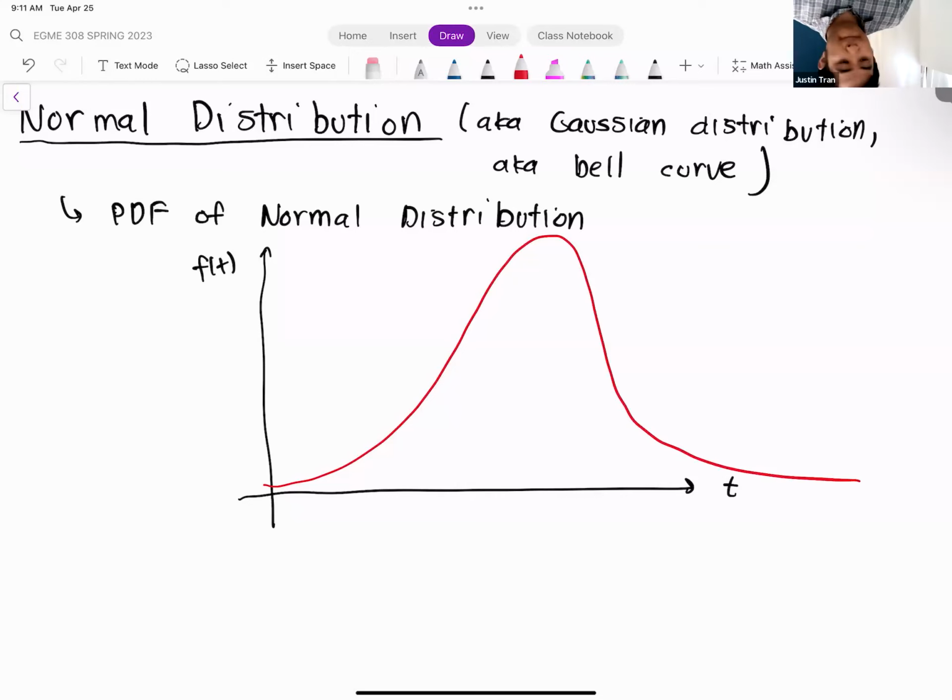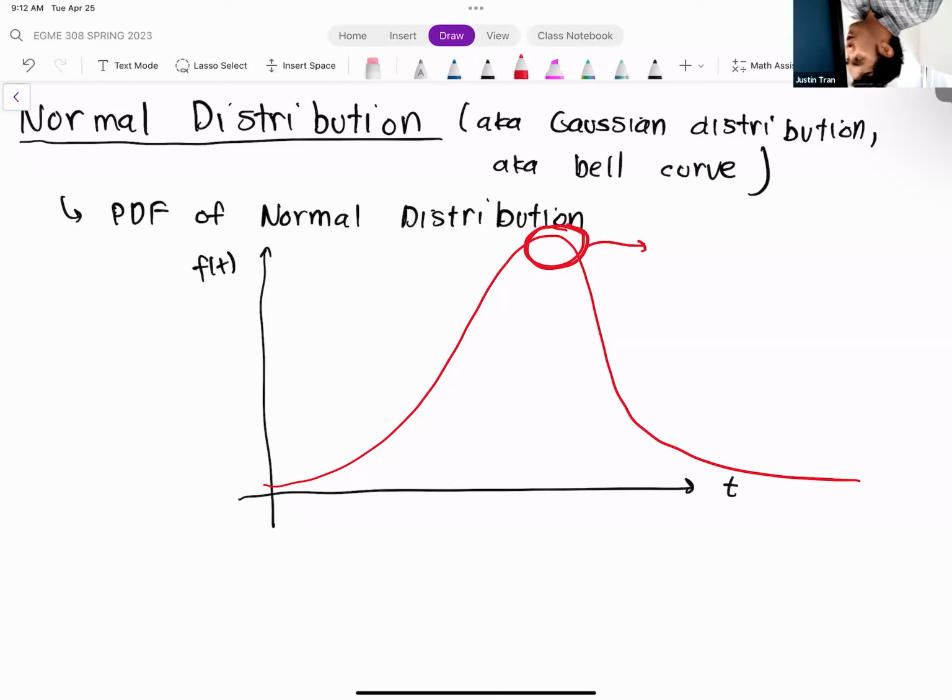Just like that. So PDFs are really great tools because they're very easy to interpret, and it fits a lot of what we think of as random variables. And so the first thing you'll notice is that there is a very defined peak value. Okay. So we have a peak here.